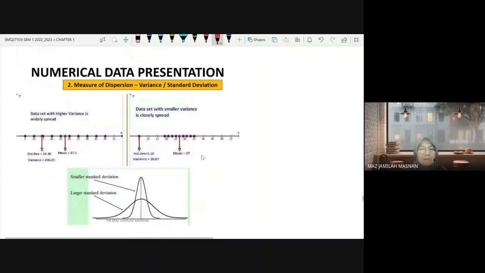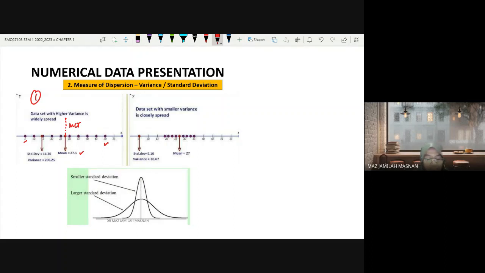Let us look at what the measure of dispersion, which reflects the variance and standard deviation, tells you. Imagine you have this data. Let's talk about the first data. The smallest value is, I believe, 3, and the highest value is 50. From the calculation we know that the mean is 27.5, so this is the center.